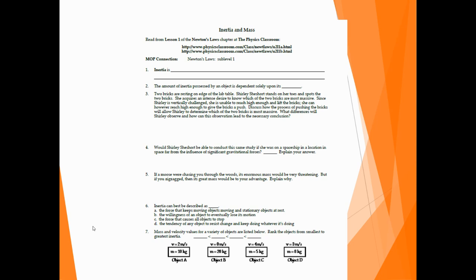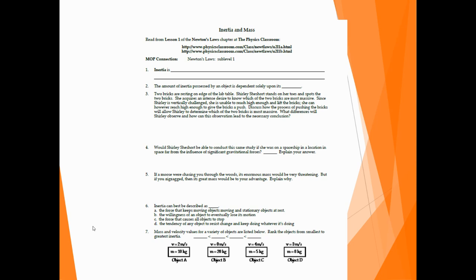So number 3, we've got to visualize the scenario they're giving us. Two bricks are resting on the edge of a table. Shirley Sheshort stands on her toes and spots the 2 bricks. She acquires an intense desire to know which of the 2 bricks is the most massive.